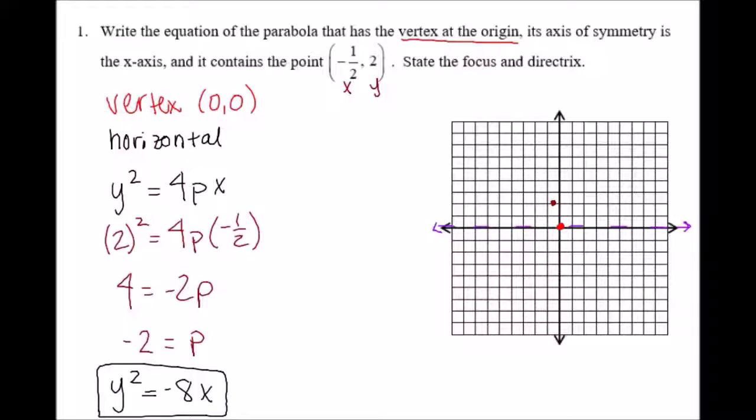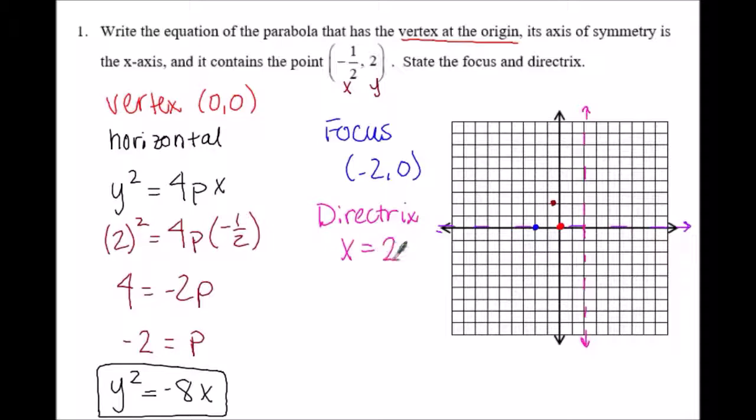We know that the focus is p units from the vertex, so the focus will be at (-2, 0). And then we know that our directrix will be p units in the other direction from the vertex. So our directrix is the line x = 2.